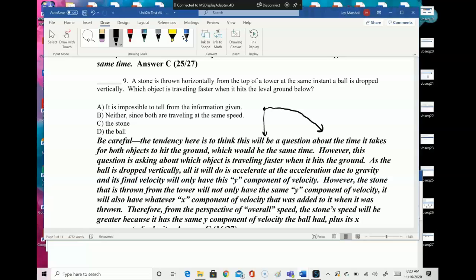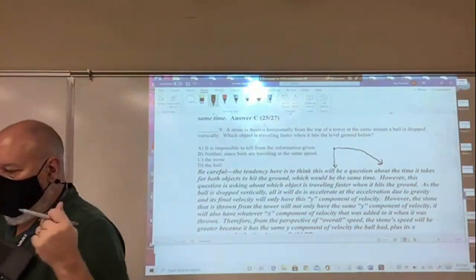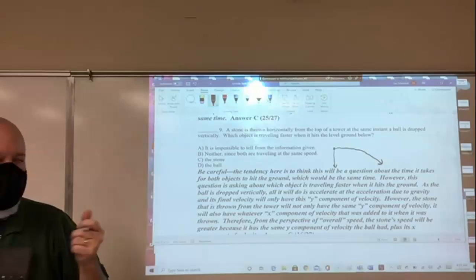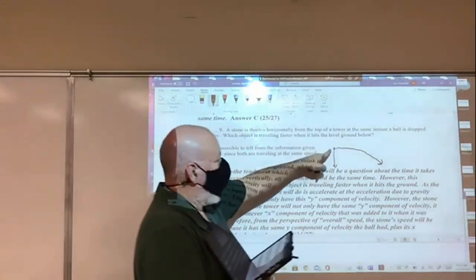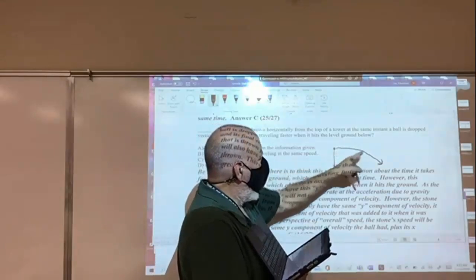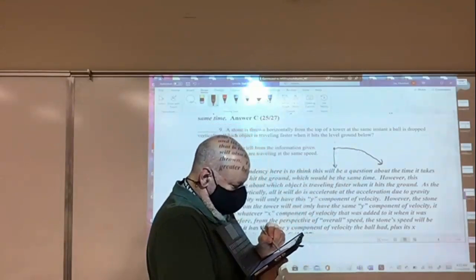The thing about this is, I start out at 0 meters per second here in the vertical direction, and I'm going to hit the ground with whatever velocity the acceleration due to gravity imparts to me. However, I'm thrown at some velocity, let's say 10 meters per second.